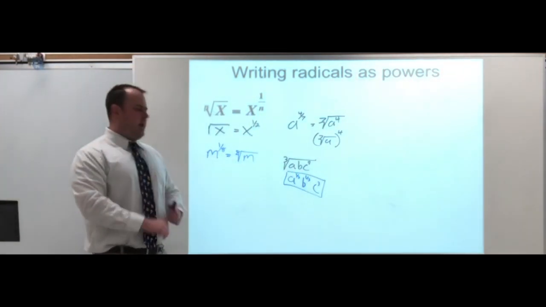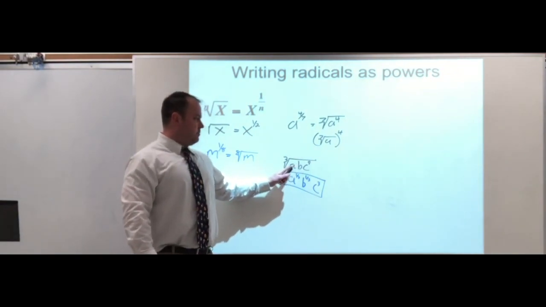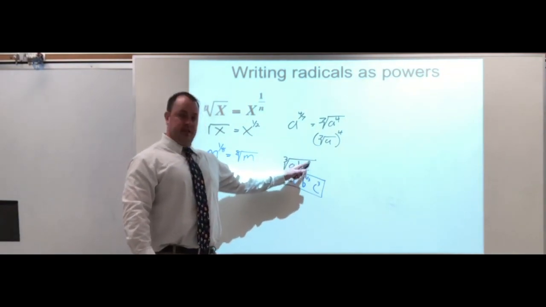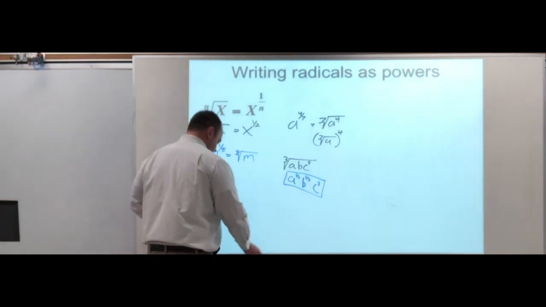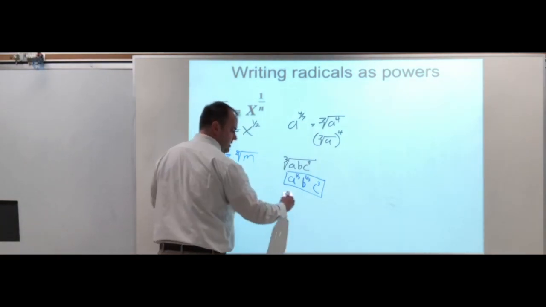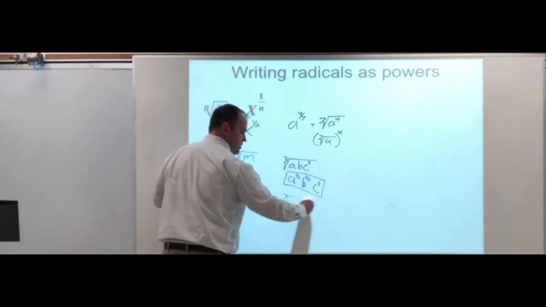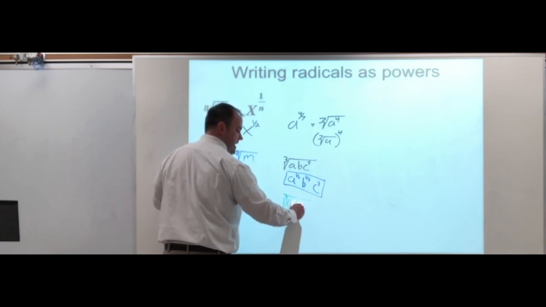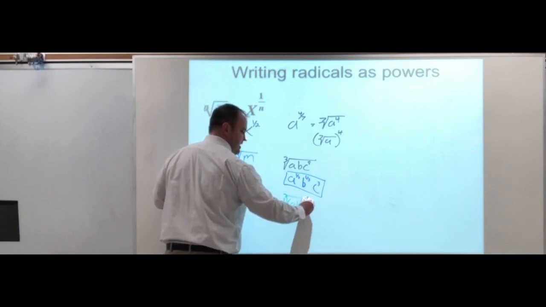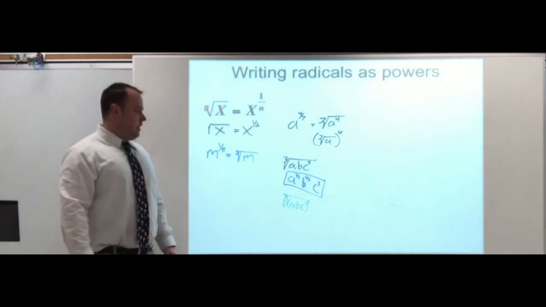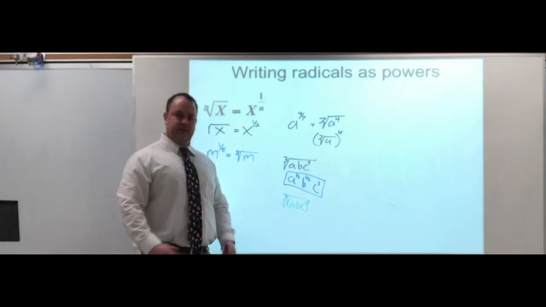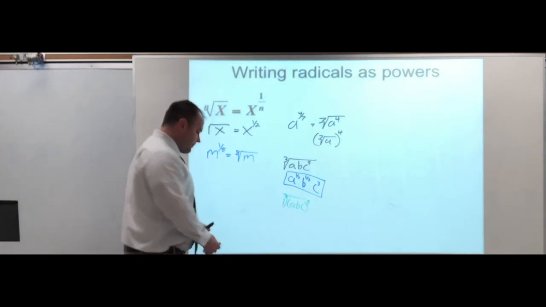Just make sure you're thinking about every piece, and the difference between the cube root of a, b, c to the 9th and the cube root of a, b, c to the 9th power. Now this a, b, c is in parentheses to the 9th power.